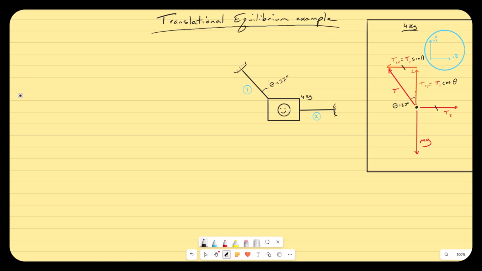I am effectively looking at this T1, T2, these are vectors, mg is a vector, and I'm saying, let me look at my x direction business and my y direction business.